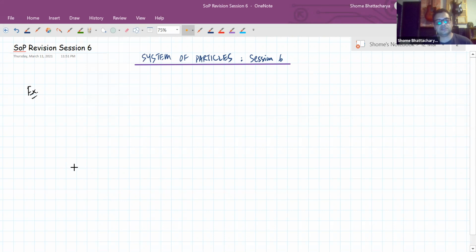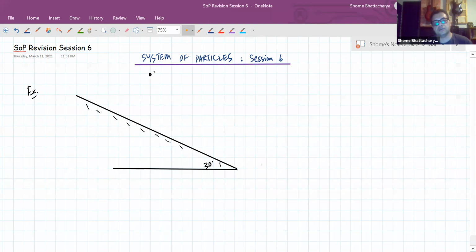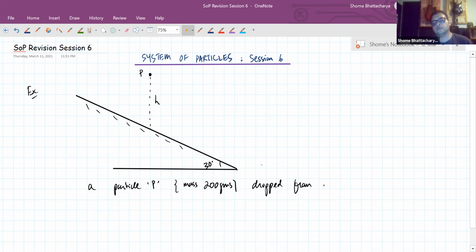So let us say we have a situation like this: an inclined surface with an angle of inclination of 30 degrees, and a particle P of, let's say, mass 200 grams, dropped from a height, let's say h is equal to 20 meters, above the inclined plane onto the inclined surface.